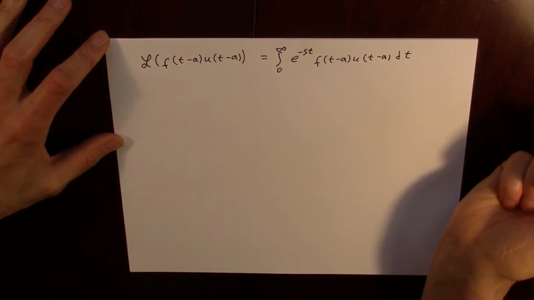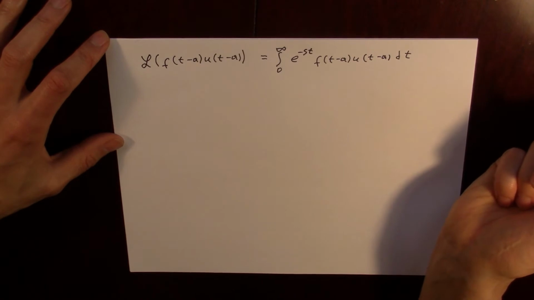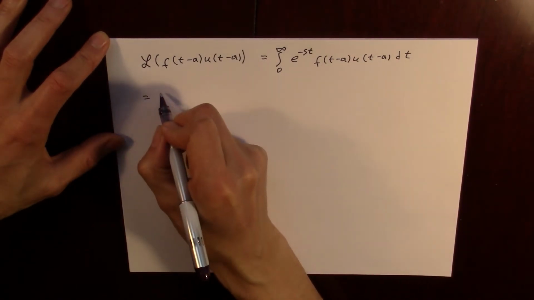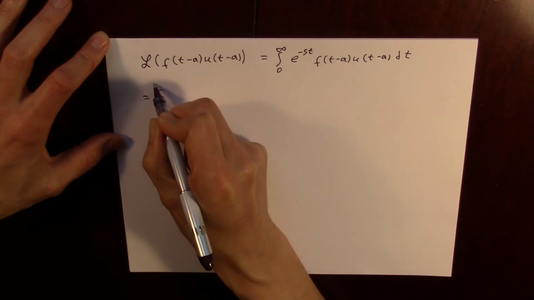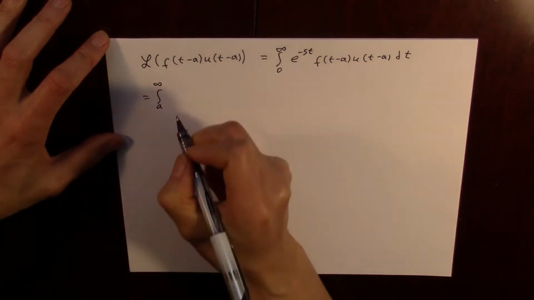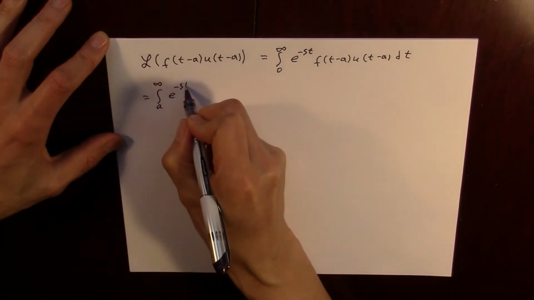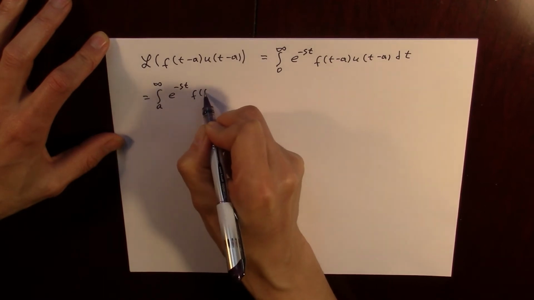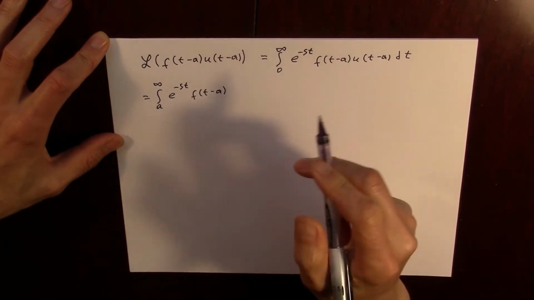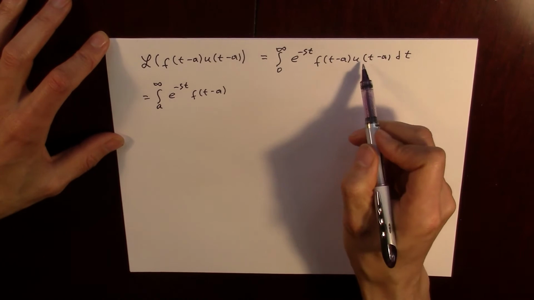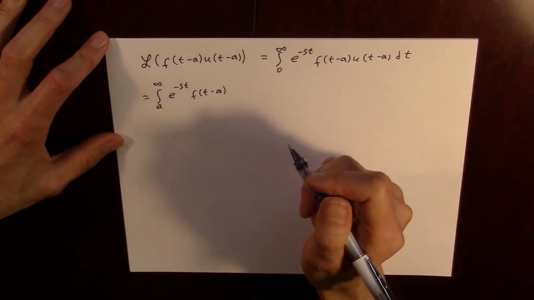By definition of the step function, it equals 0 before a, so before a the integral equals 0, and when t is bigger than a, our step function, because it's a unit step function, equals 1.